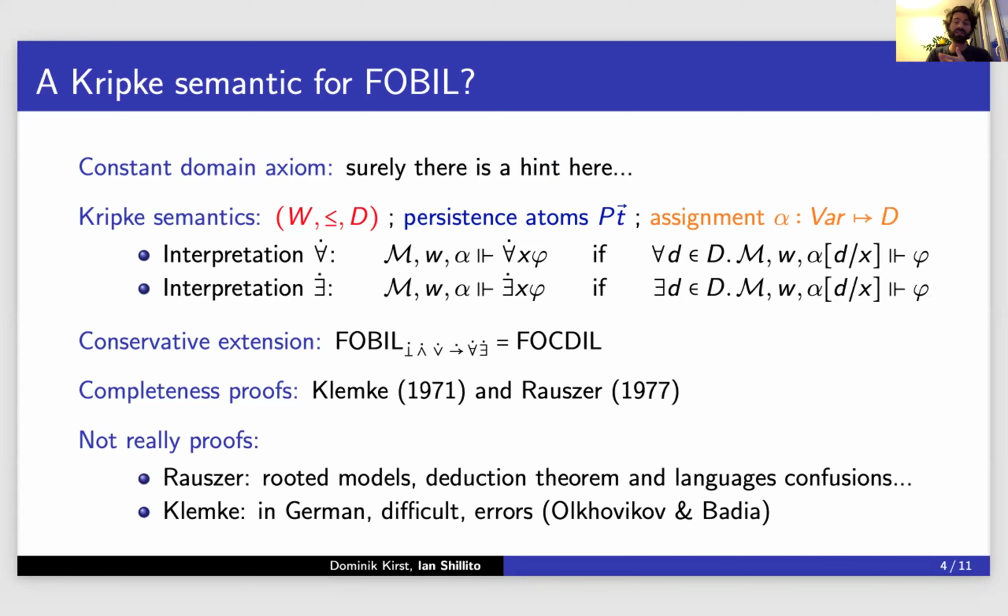It is also technically rather difficult, and it does allegedly contain errors. That's something that's been picked up by Grigory Kovikov and Guillermo Badia. And yet, Dominik, being a German speaker as well, had a read of the proof and could not be convinced either way that it was correct or incorrect. So let's say that there are general doubts about the proofs of completeness in this realm.